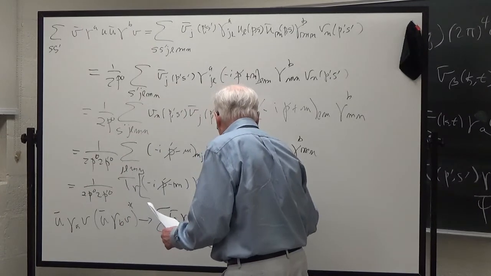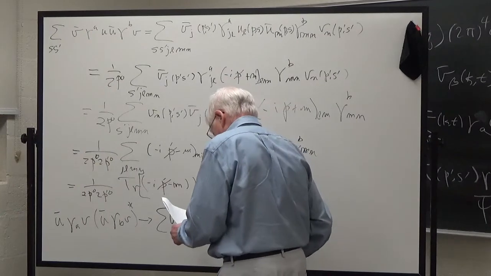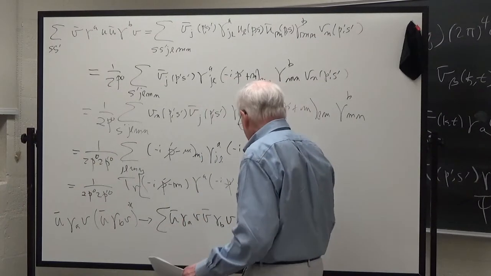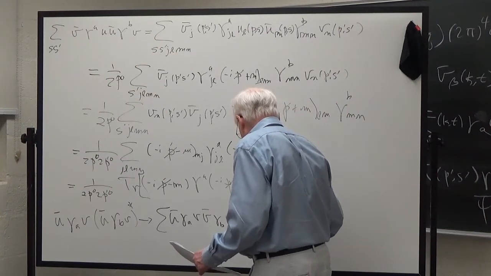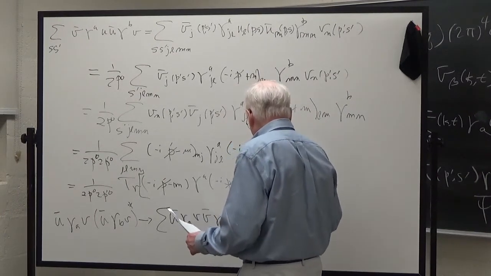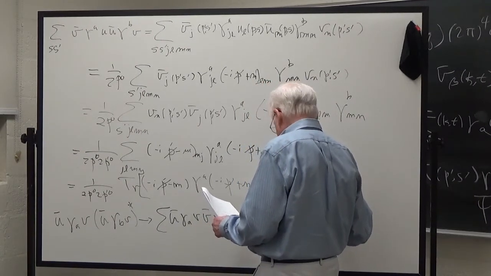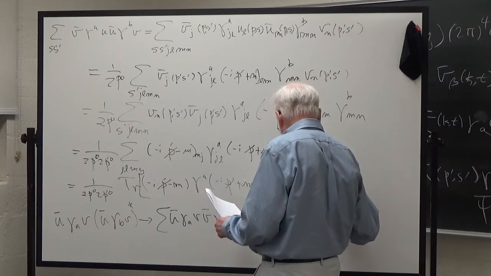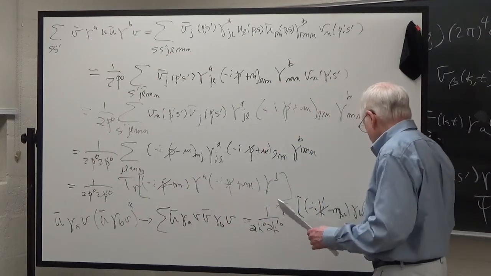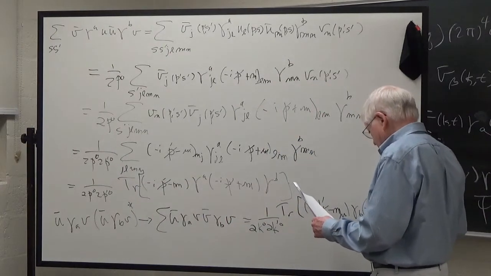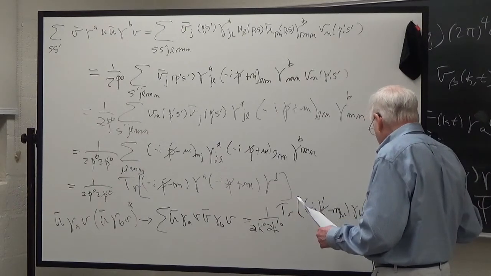Anyway, this turns out to be 1 over 2p0, 2p prime 0. Actually, these are muons, so these are k's: 2k0, k prime 0, and it's the trace of minus i k prime-slash minus m muon, gamma_B, minus i k-slash plus m muon, gamma_A.